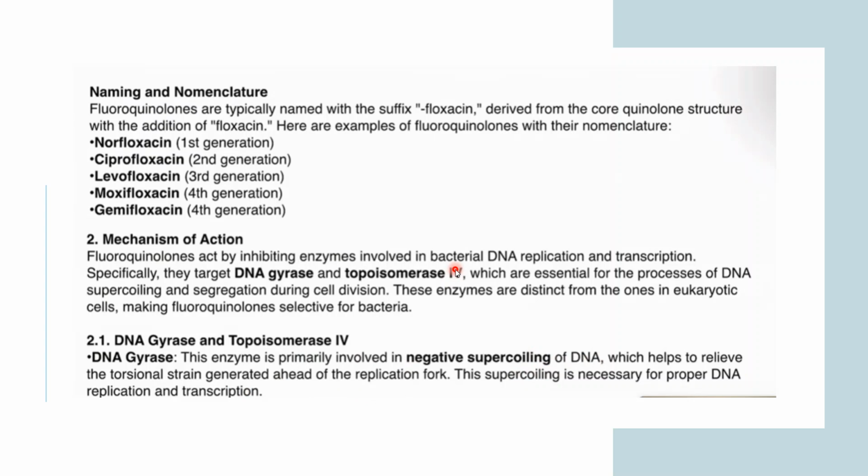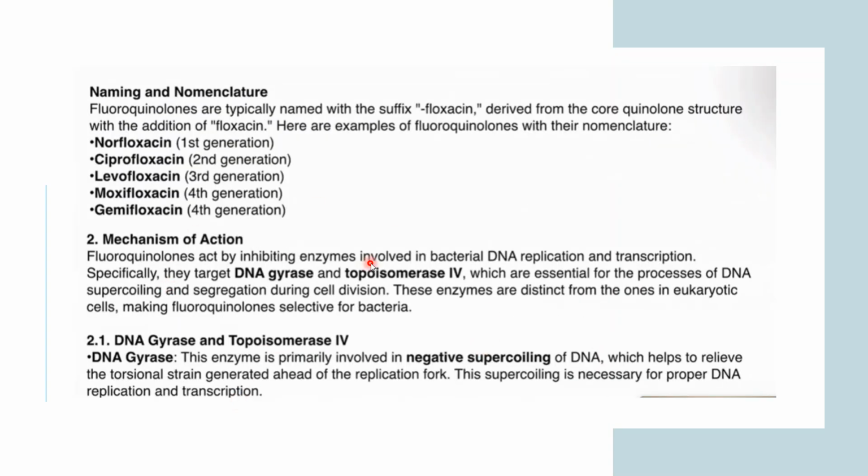There are basically four structures of DNA: primary, secondary, tertiary and quaternary. In the quaternary structure, you will see supercoiling of DNA happening to stabilize the DNA. DNA gyrase is involved in this supercoiling to release the torsional strain. This supercoiling is necessary for proper DNA replication and transcription, and DNA gyrase guides that.